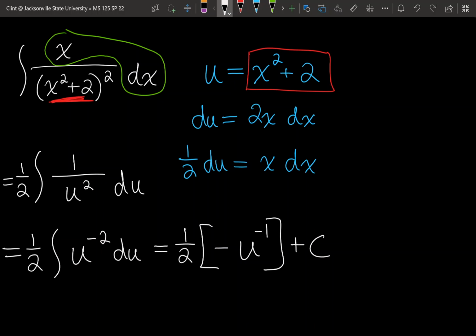Okay. And then we undo our substitution. So this will be -1/2 times x squared plus 2 to the -1, plus c. Because it was negative u, the negative can go out front.